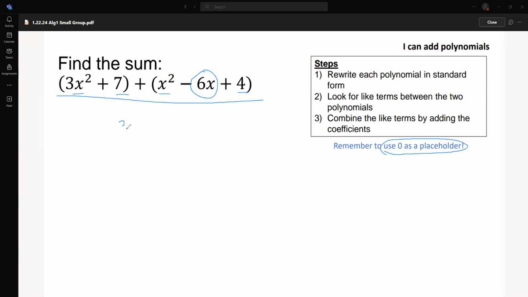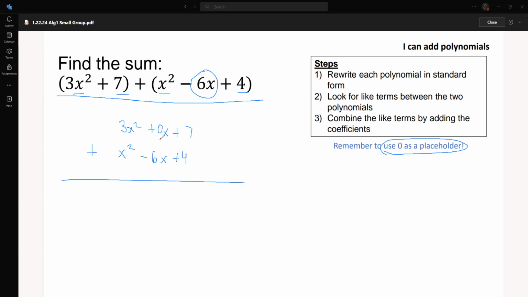We have 3x squared plus 0x plus 7. Now 0x isn't really a number, so you could also just write 0. For demonstration's sake, I am going to write 0x. So then we have x squared minus 6x plus 4.